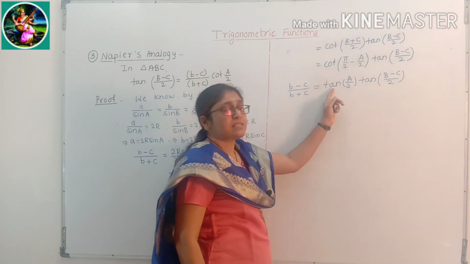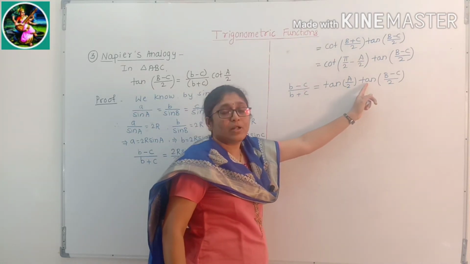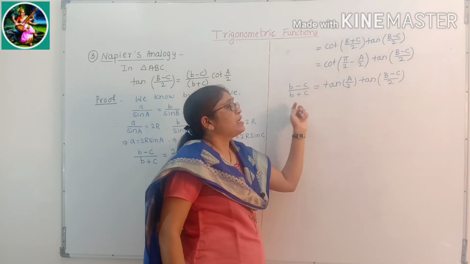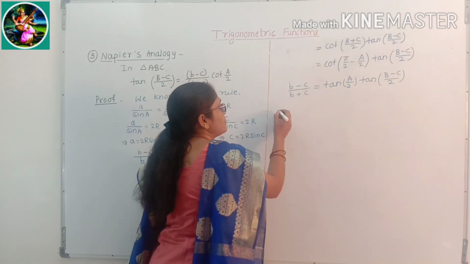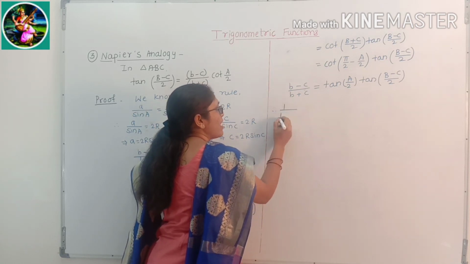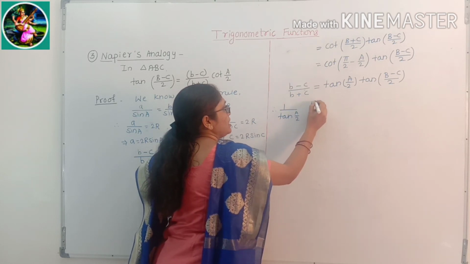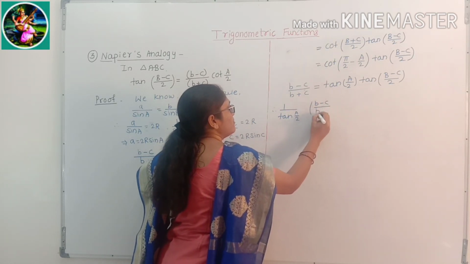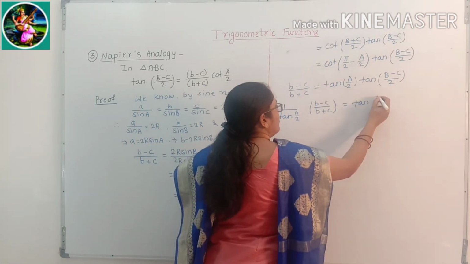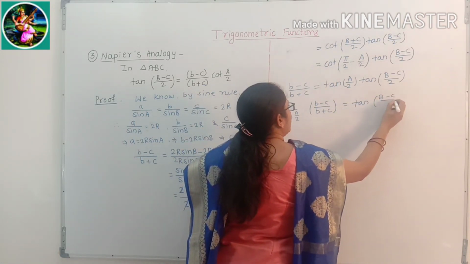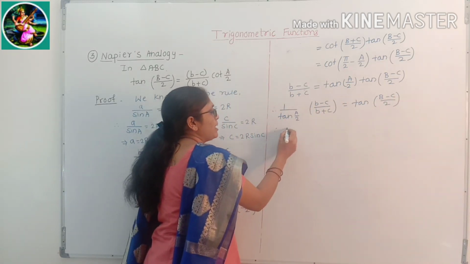If we bring this tan of A upon 2 to the left hand side, it was multiplied on the right, so on the left it becomes divide. Therefore, we get 1 upon tan of A upon 2 into (B minus C) divided by (B plus C), remaining tan of (B minus C) divided by 2, and 1 upon tan of A upon 2 is cot of A upon 2.